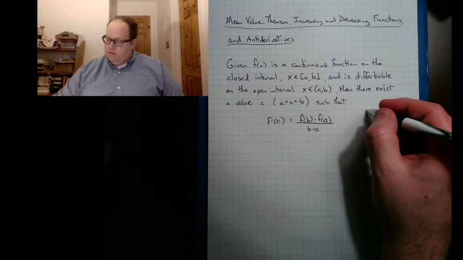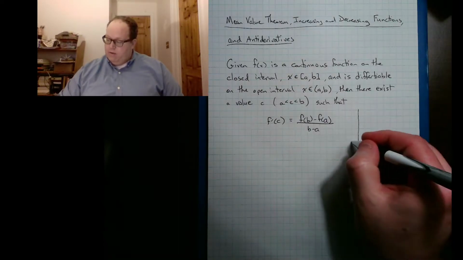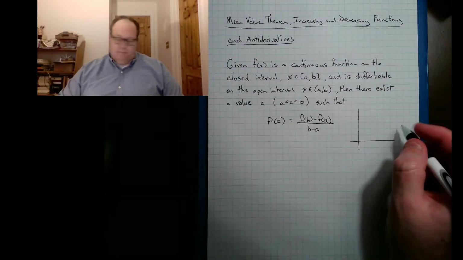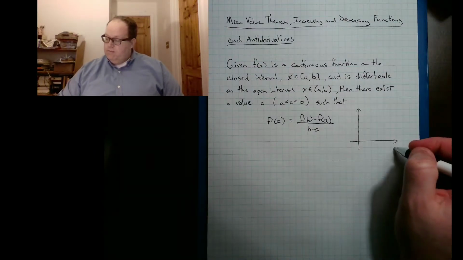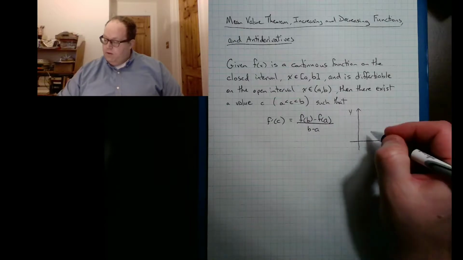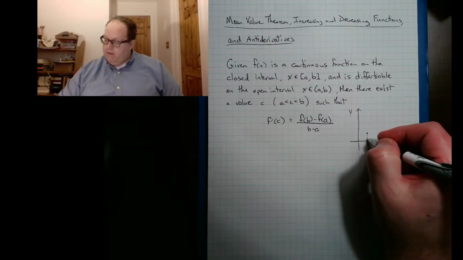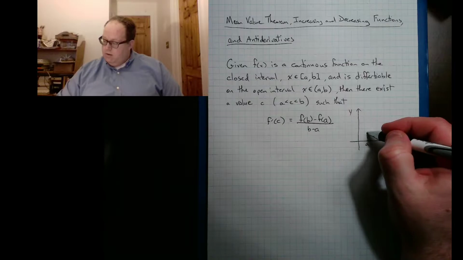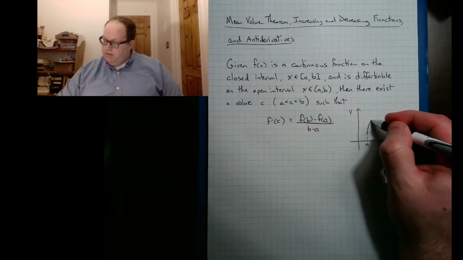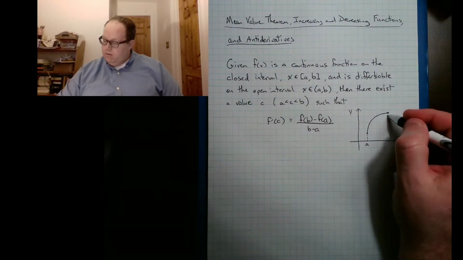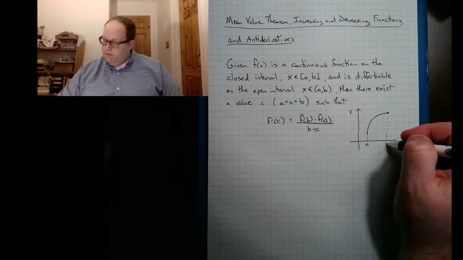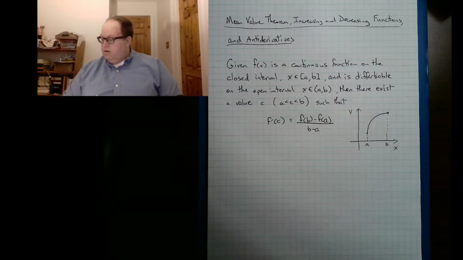If I wanted to show this with a diagram, although your book has a fairly decent one on page 200 as well, let's say that I hit a value a here, and then I do something wonky up to here. I'll get real fancy and I'll change colors.